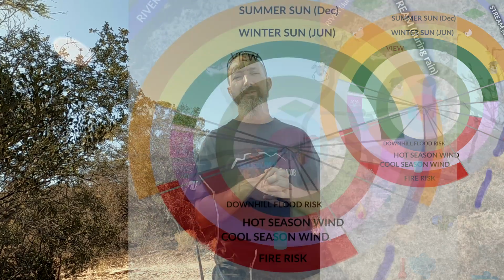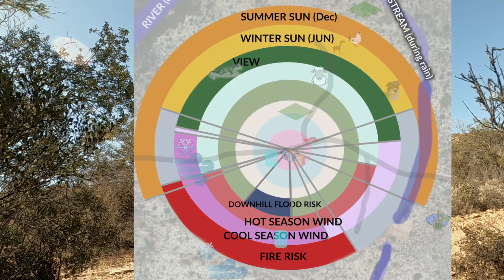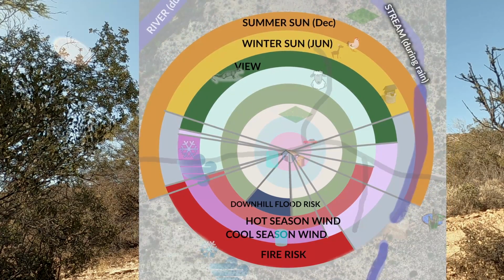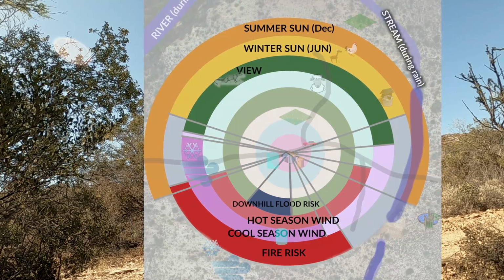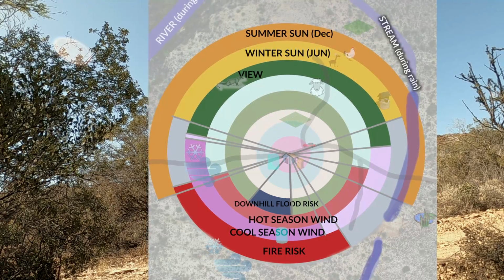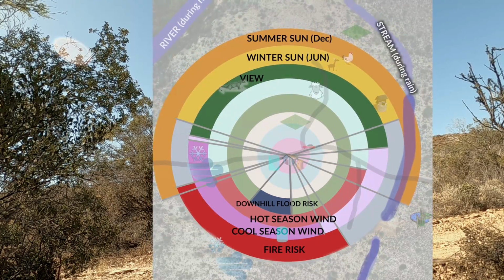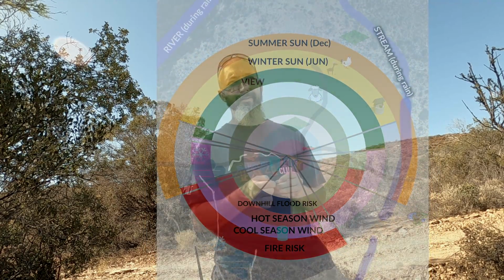There's also the winds, the summer southeastern to southwestern wind, and this is also the dry season wind. And then there's the colder season wind that moves more towards the west. And there's also the fire angles. There are aspects on the map like the streams and the roads, view and flood there. So these are the kind of things that you want to get some basic information on.